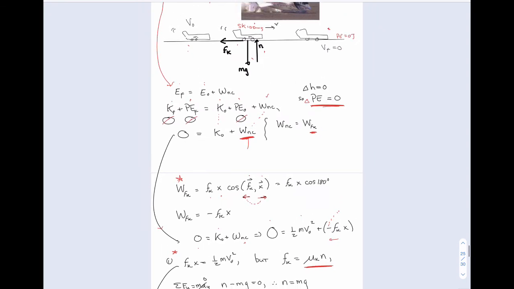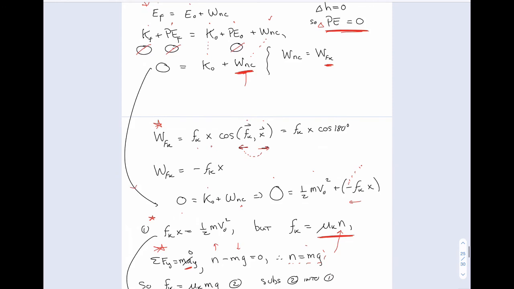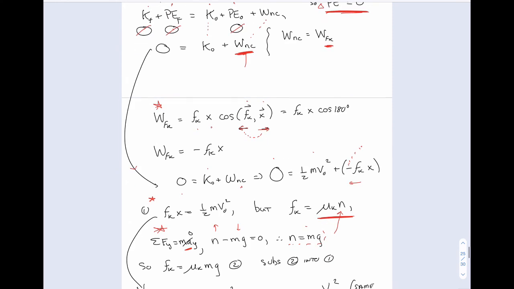I said, okay, 5-step method: picture, forces, regular coordinate system. I didn't draw it, but the y-axis would point up. So acceleration in the y direction is 0. Normal force points up, mg points down, so the normal force is equal to mg. So here where I have mu sub k n, the normal force is mg.